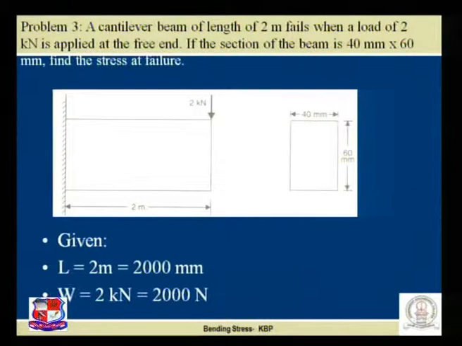So now let us go further with the next problem, number 3. A cantilever beam of length 2 meter fails when a load of 2 kilonewton is applied at the free end. If the section of the beam is 40 mm by 60 mm, find the stress at failure. Now let us think on this particular problem.